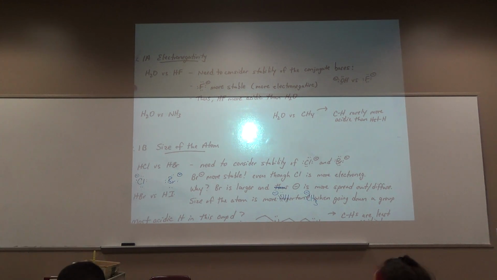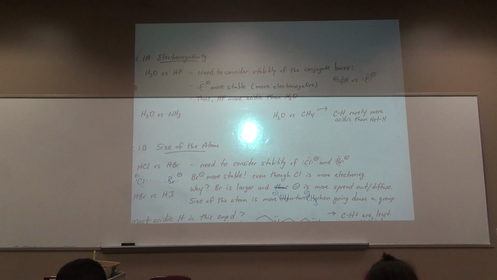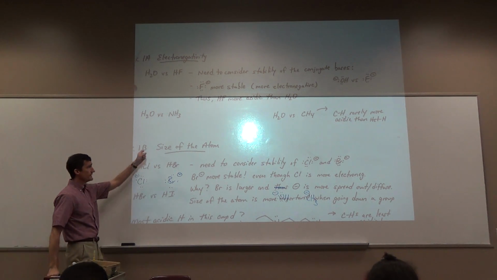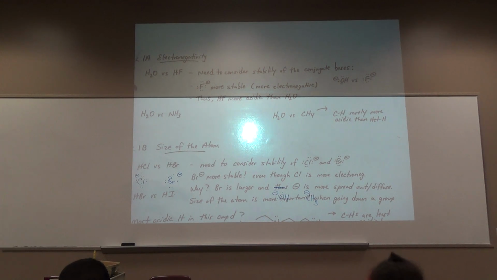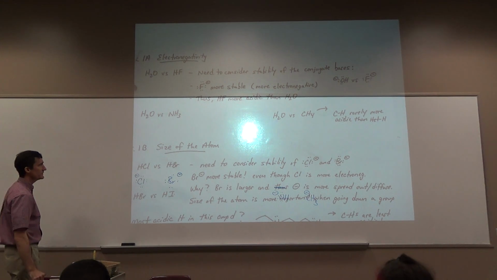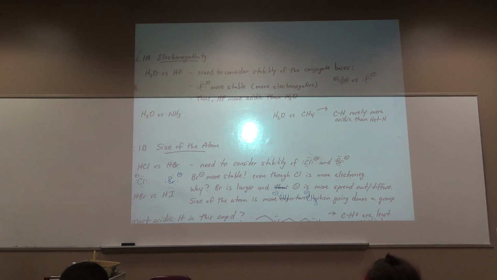When you go by electronegativity, which one's more stable? Chlorine, because it's higher. Chlorine's more electronegative. Okay? But you would actually be wrong here, because size of the atom actually trumps electronegativity. Size of the atom is more important, but only if you're in the same group.